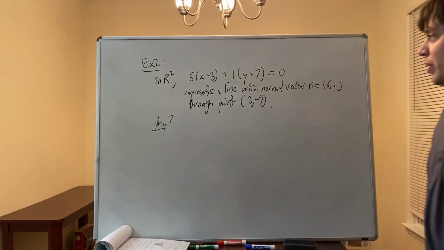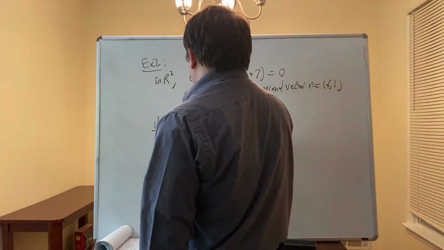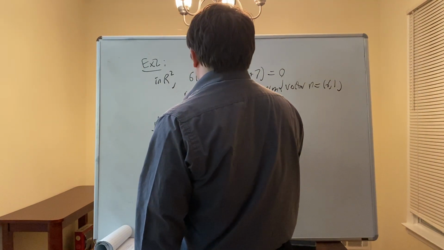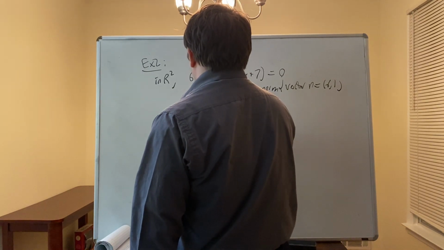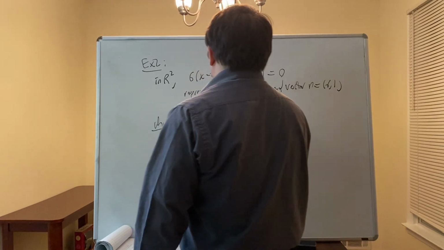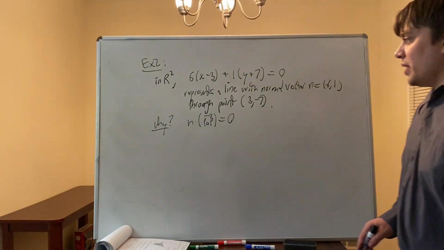We said before that n dotted with p naught p equals 0 represents a line.